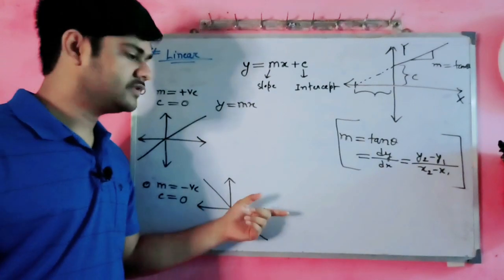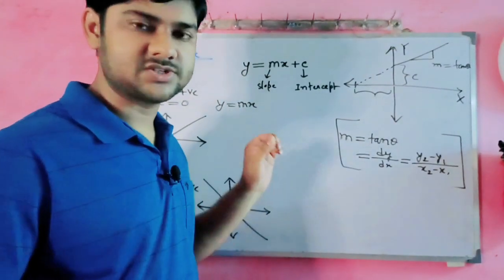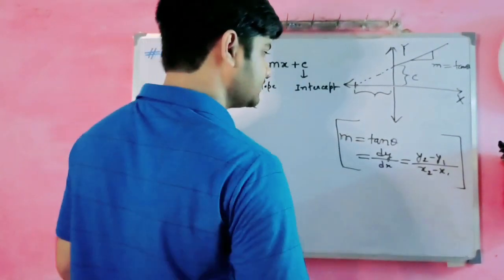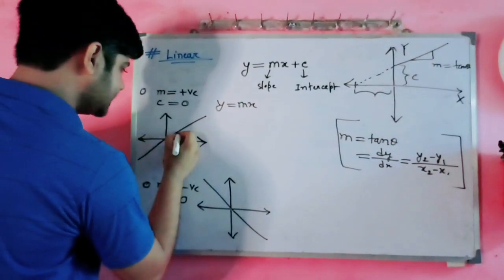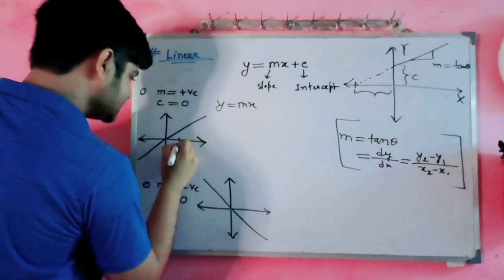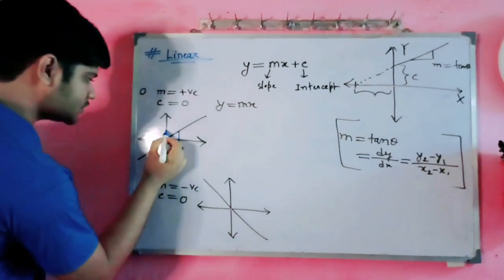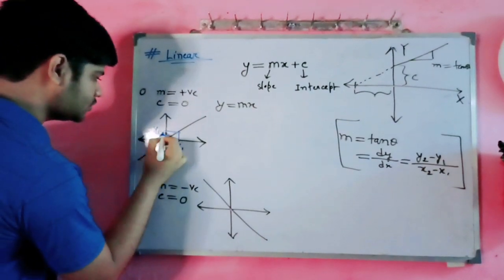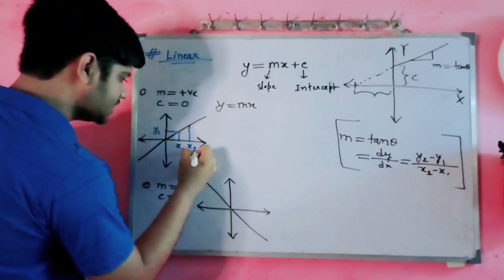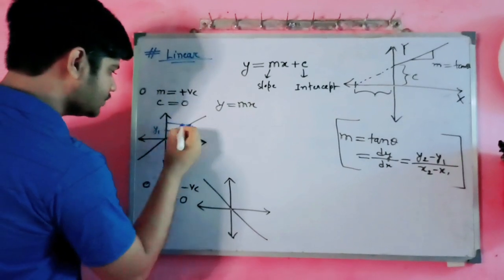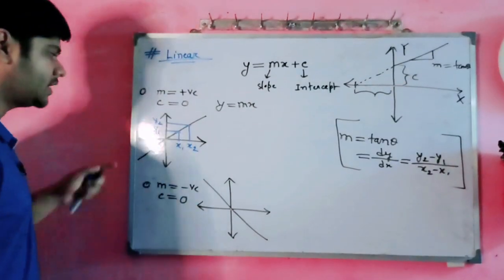We can have a very brief interpretation of this using this formula. How it will work here: take any x value, say it is x1, and it will correspond to some value y1. Similarly, for a higher x value, which is x2, we will get a higher value y2.